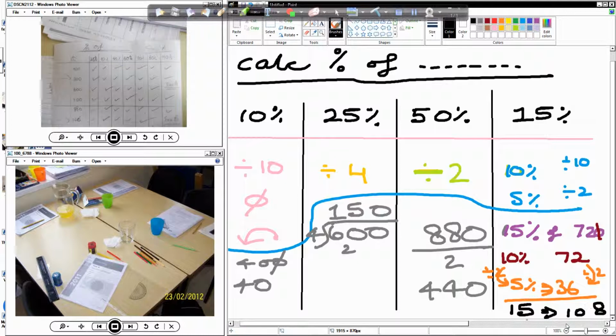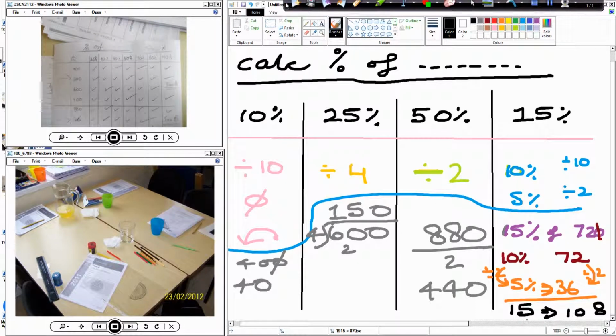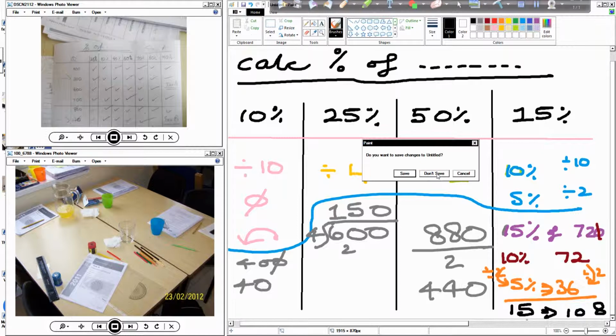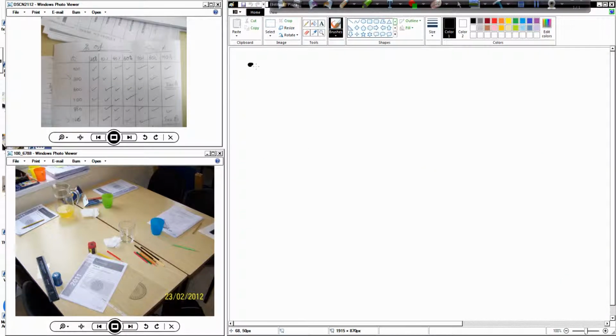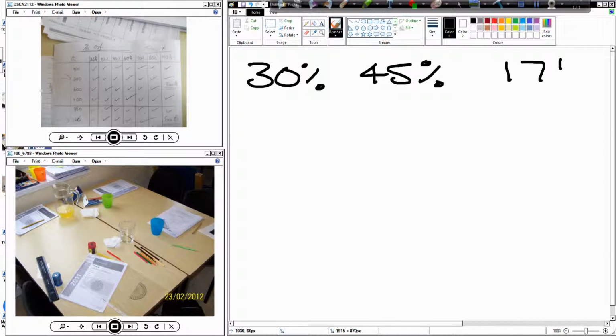Now, let's do some more questions based on that. So let's delete the page. Let's do now 30%, 45%, and my favorite one, 17.5%.